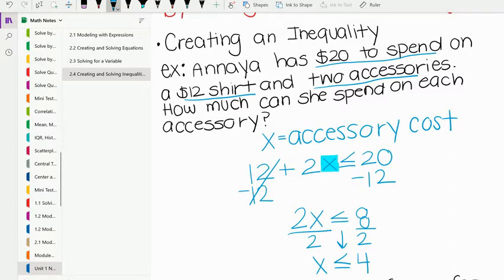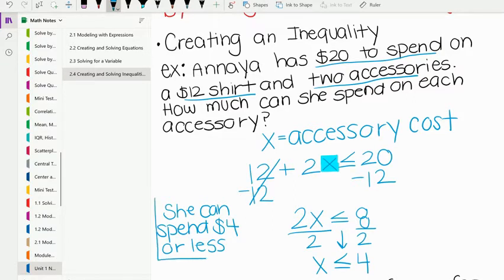So what really makes sense is she can spend $4 or less on each accessory, but I'm just going to write that.